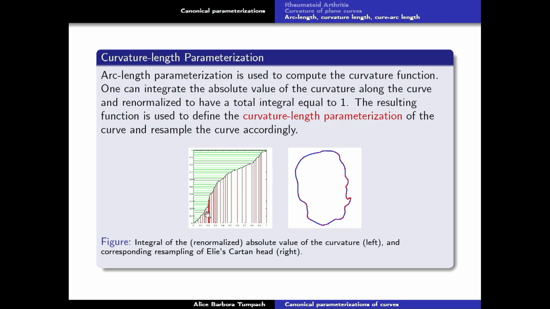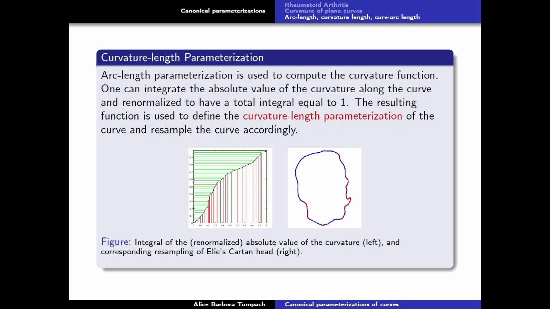So for instance, there is a big step here at the level of the mustache. You integrate the absolute value along the curve, and you divide by the total curvature in order to be between 0 and 1. 0 to 1 is the space of my parameter.